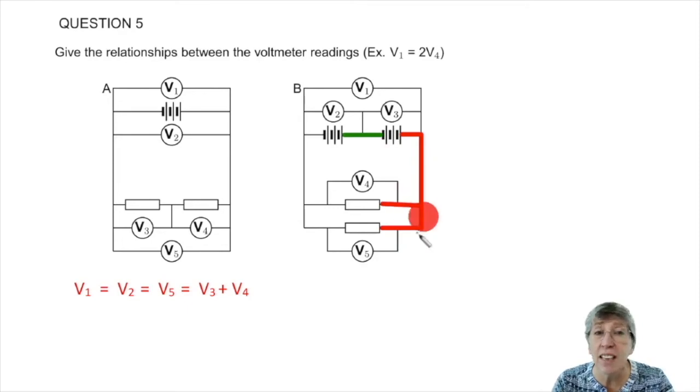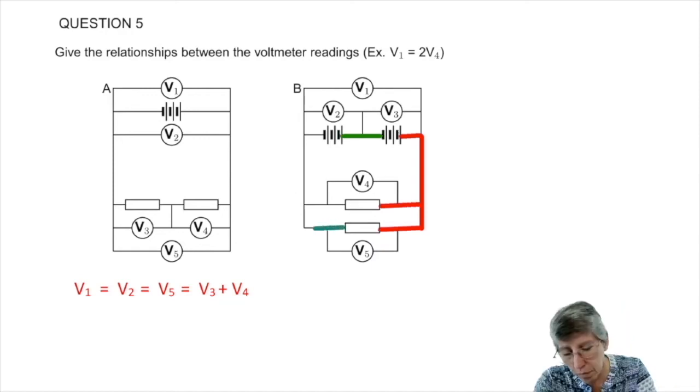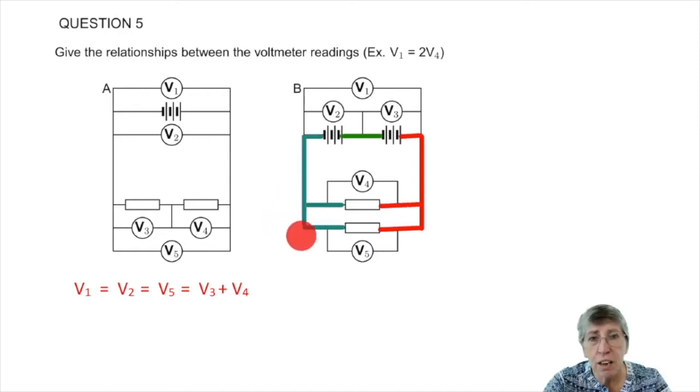The current is splitting up, but only a cell can increase energy and only a resistor can decrease energy. So nothing changed with the energies of the charges traveling in that circuit. And now they go through that one, and you have the same change in energy at the top and at the bottom. So they leave over there with exactly the same energy.